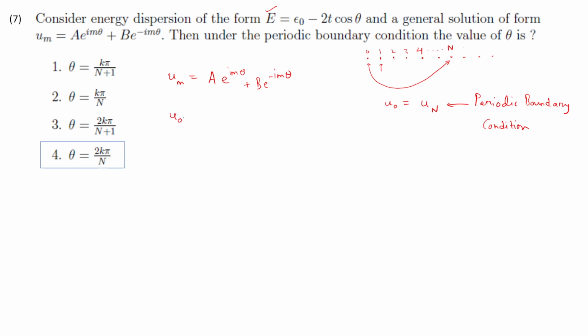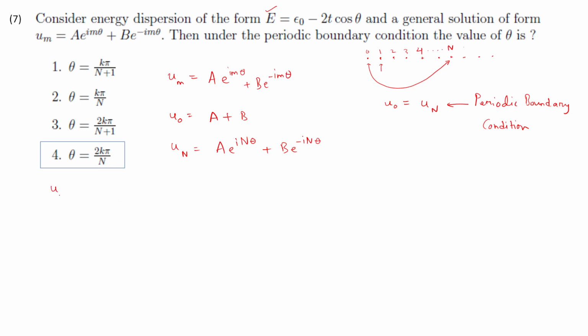So u_0 is nothing but A plus B, because m equal to 0 and e to the power 0 is 1, and u_N is equal to A e to the power i N θ plus B e to the power minus i N θ.